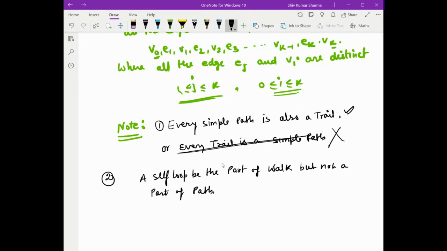Because when a self loop is given, it is necessary to visit a vertex twice. When we visit all the edges, a particular vertex which has a self loop, we visit that vertex twice. So in a path, no self loop is allowed. If you have a self loop, then the graph is not a path.